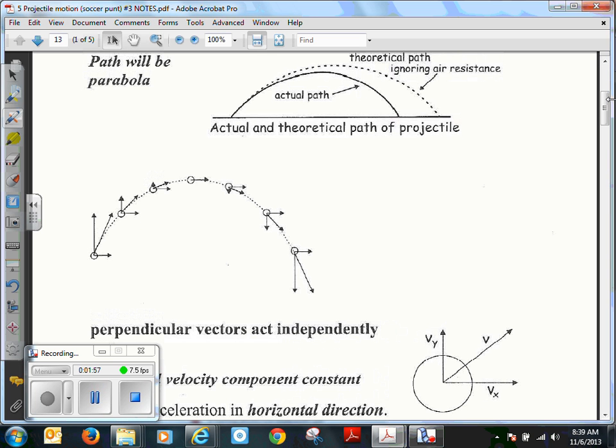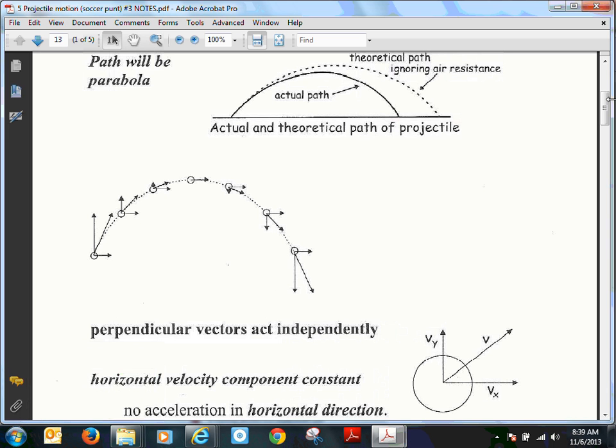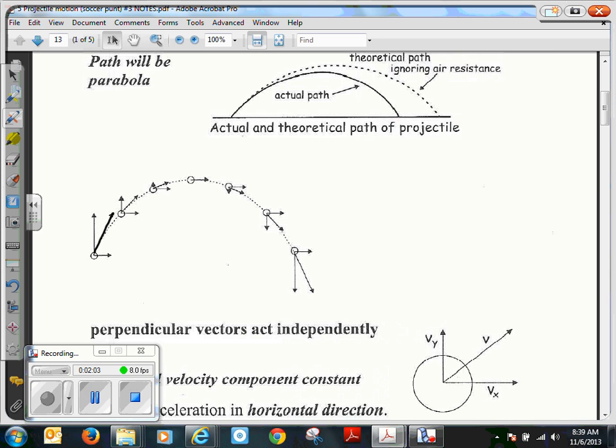Okay, so let's look at this picture here. This is a real important picture. So the actual velocity is that. Notice, how would you describe the velocity according to the path?